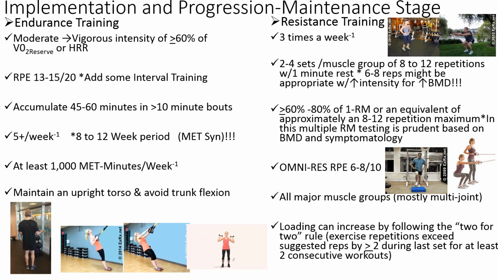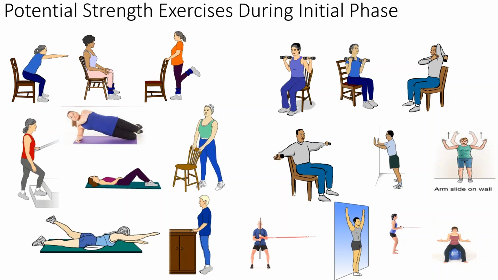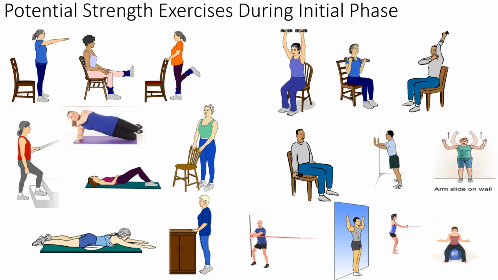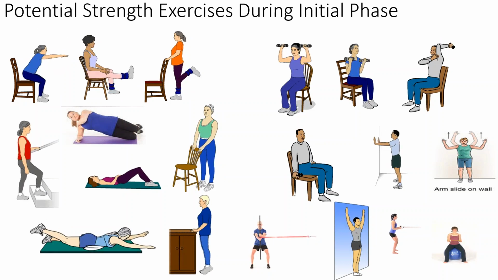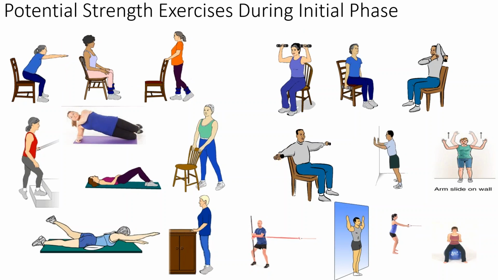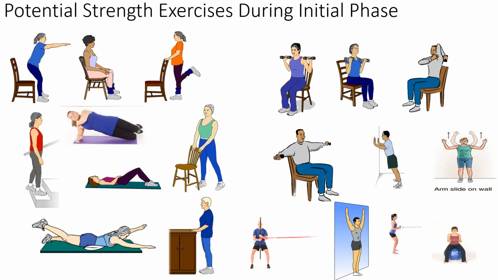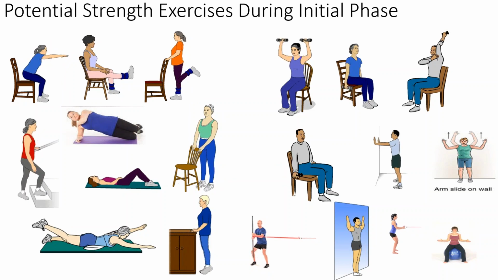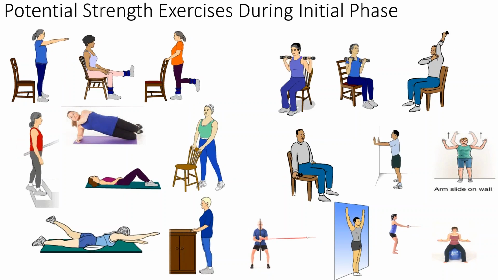Okay, let's move on and look at some potential strength exercises that she could use during the initial and improvement phases. These are very safe, as you can see here, and are aimed at targeting her major muscles to help her to improve her posture and her stability. You see the wall slide down below. In this previous slide, I'm going to back up for a second.